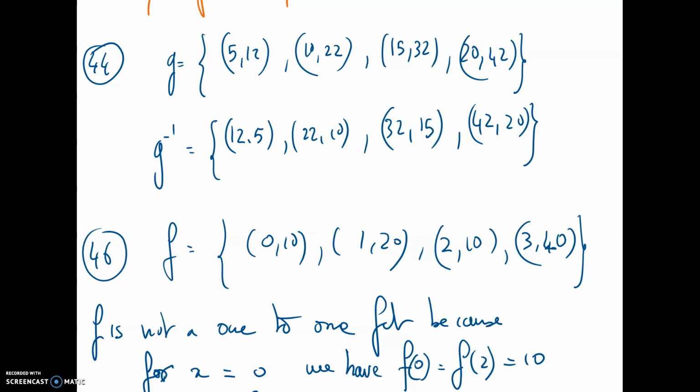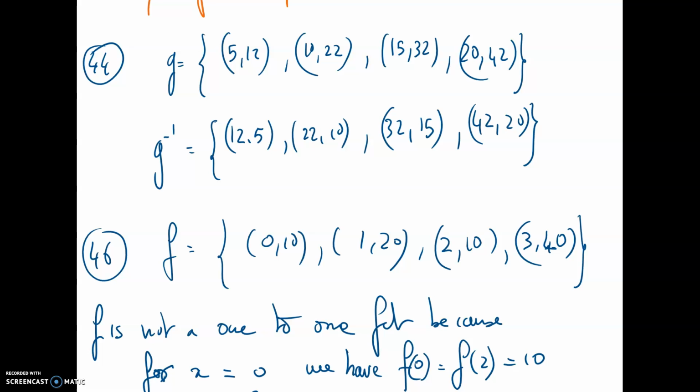And so that allows me to say this is a one-to-one function. And if it is a one-to-one function, that means I have an inverse. And the inverse would be that all the x becomes y and all the y becomes x. So we end up switching the values. What was x equal 5 is now y equal 5. What was y equal 12 becomes x equal 12. And so this is the set of solutions for g, for the inverse of g.